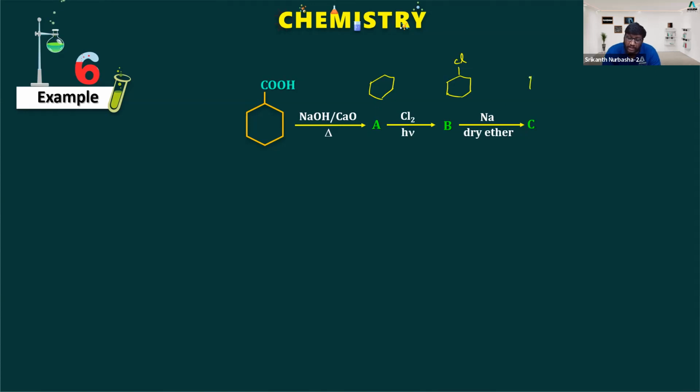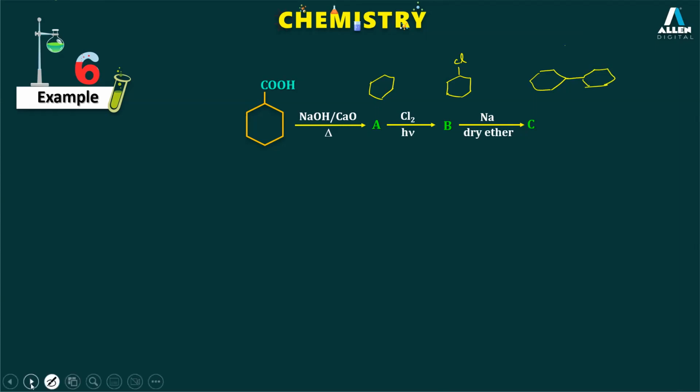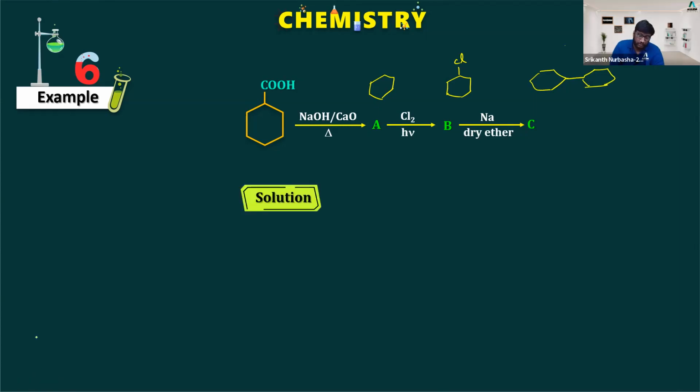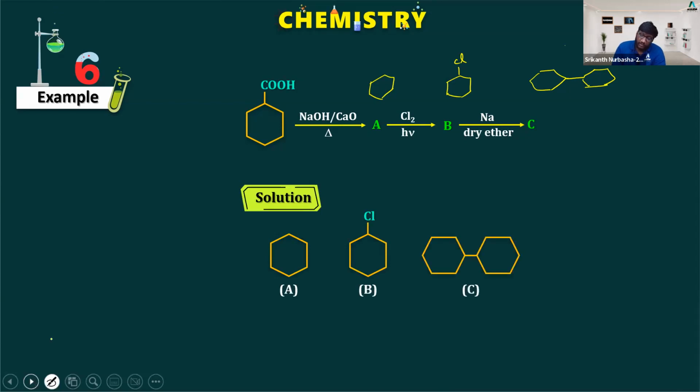Sodium in the presence of dry ether, that is nothing but your Wurtz reaction, right? Wurtz reaction will lead to the formation of bicyclohexyl. A will be cyclohexane, then you have chlorine substituted on cyclohexane, then you have bicyclohexyl, that is going to be C.